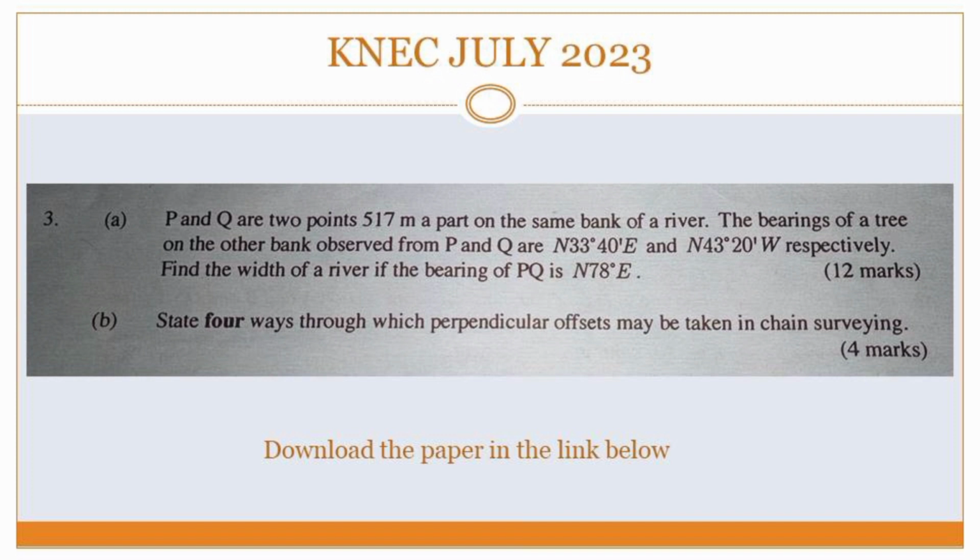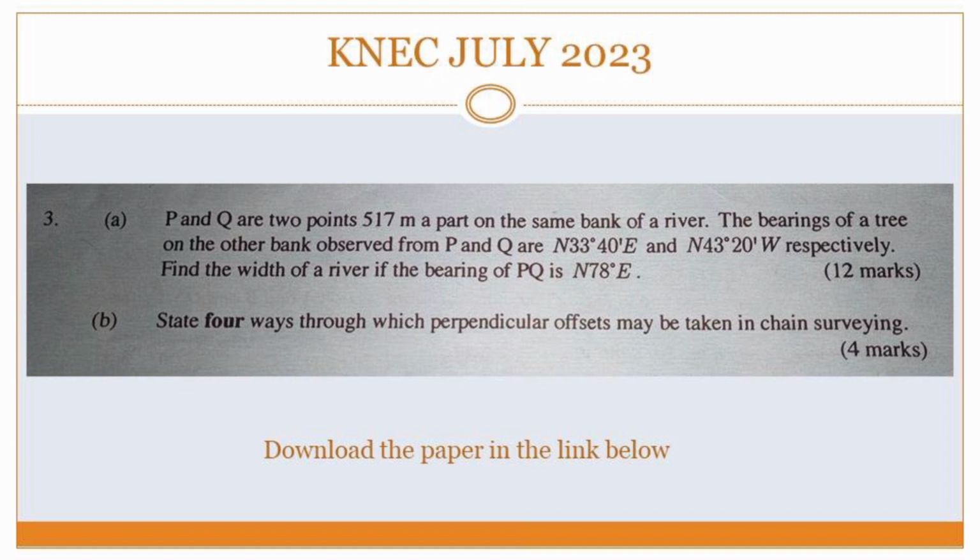The bearings of a tree on the other bank observed from P and Q are north 33 degrees 40 minutes east and north 43 degrees 20 minutes west respectively. Find the width of the river if the bearing of PQ is north 78 degrees 00 minutes east. Total of 12 marks.